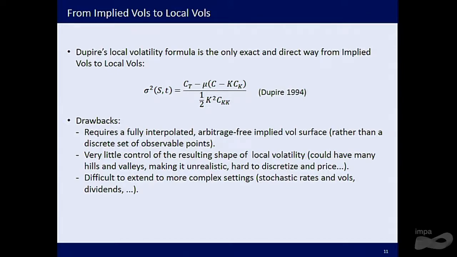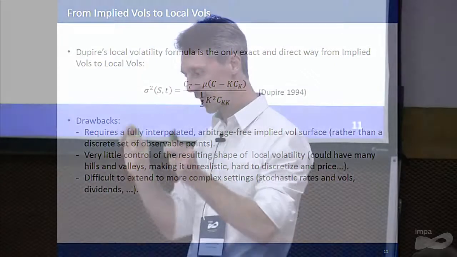It will be non-parametric. It will be, sometimes, quite dependent on some interpolation tweaks, etc. And it could be unrealistic. So very early on, we thought, wouldn't it be better to give ourselves a particular interpolation of the local vol and just calibrate to the observable points and nothing else?